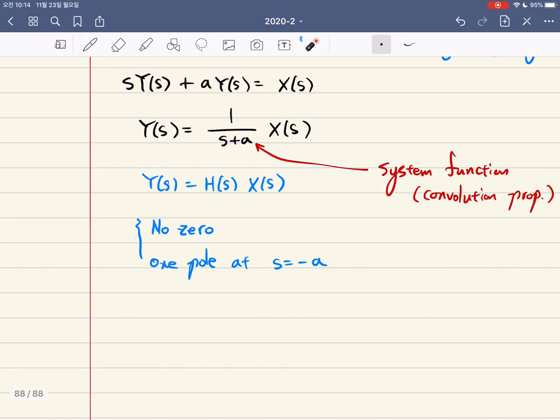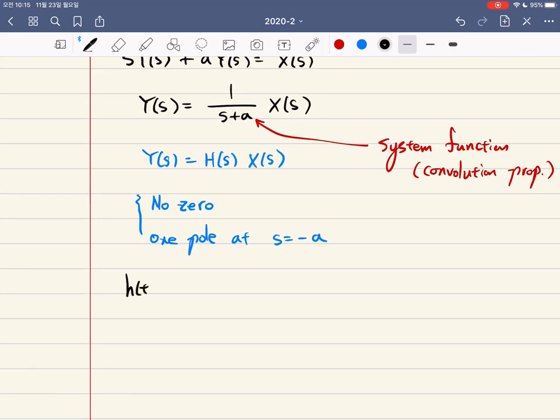And if I want to obtain the impulse response in the time domain, then you should do the inverse Laplace transform, right? Because this impulse response is the system function if you perform the Laplace transform.